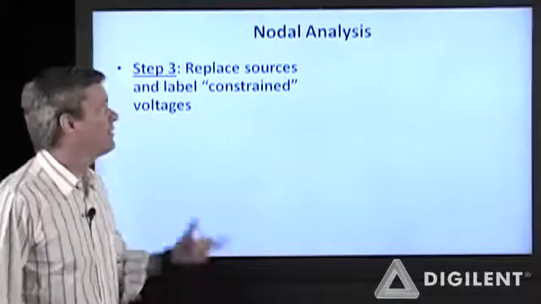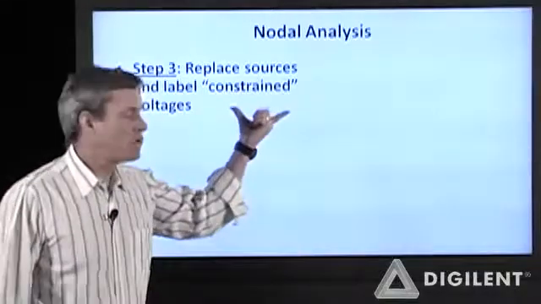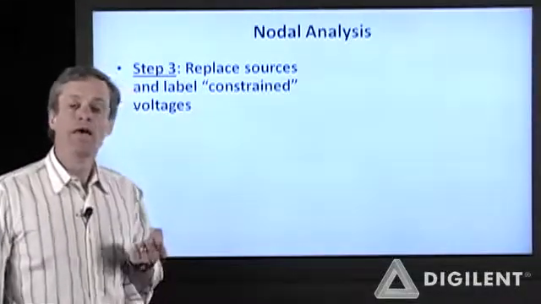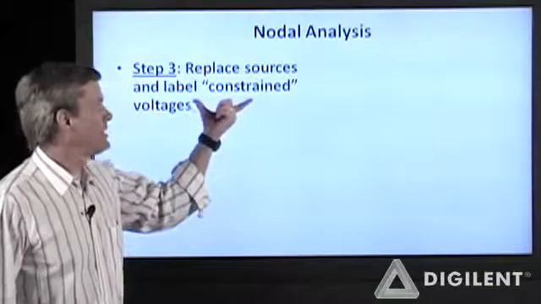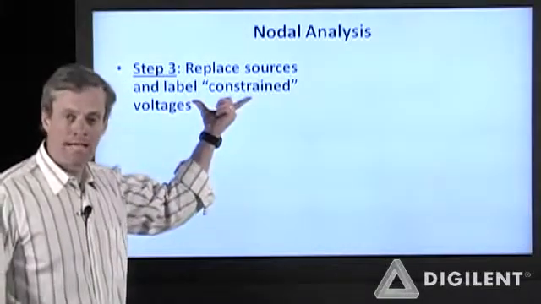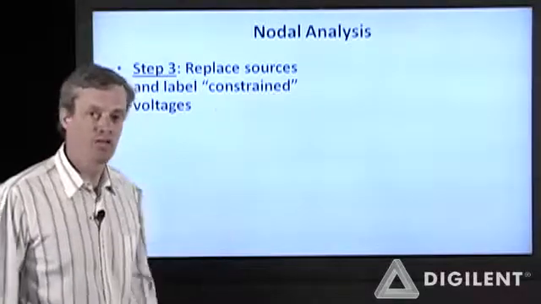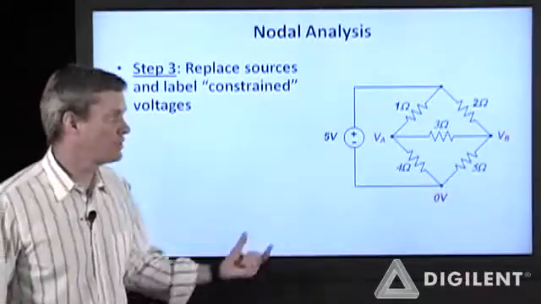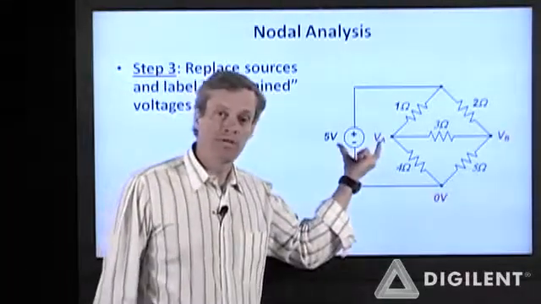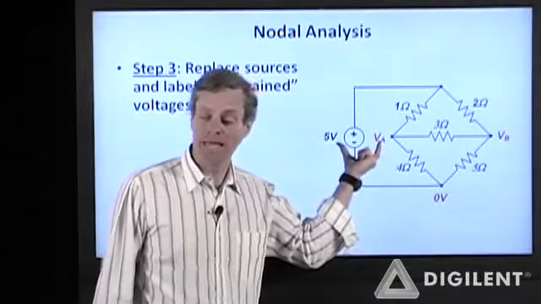Step 3, we're going to replace the sources. That will give us an ability to write down what the voltages are at what are called the constrained nodes. I've taken my short circuit and put my voltage source back in here.